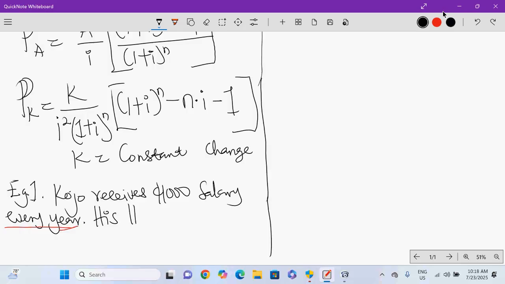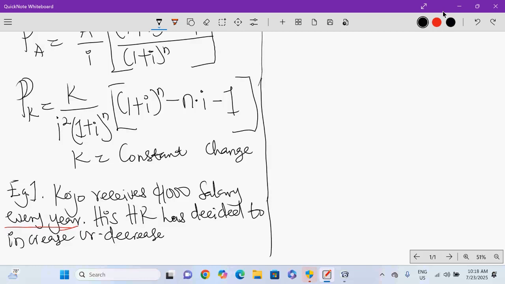His HR has decided to increase. No, to increase, right? You can't say increase or decrease. It's either you are increasing or you are decreasing.